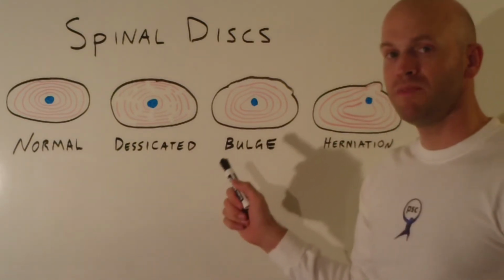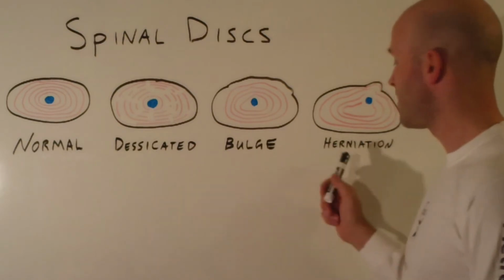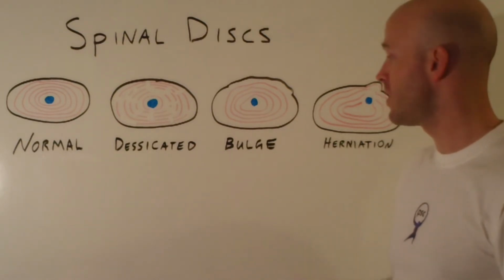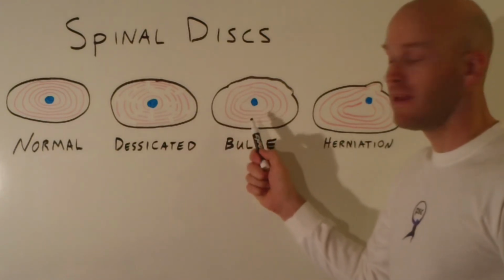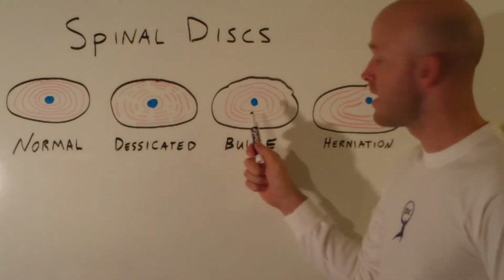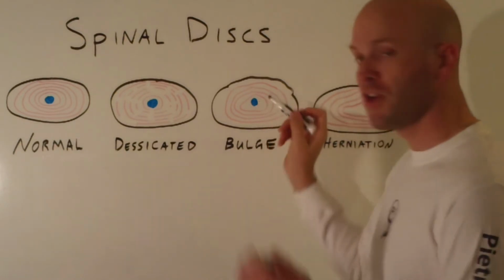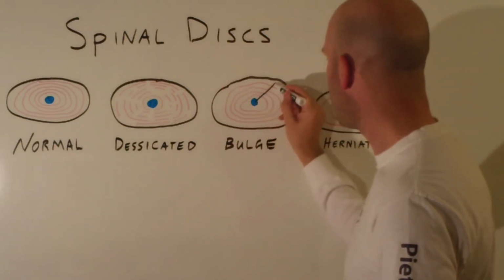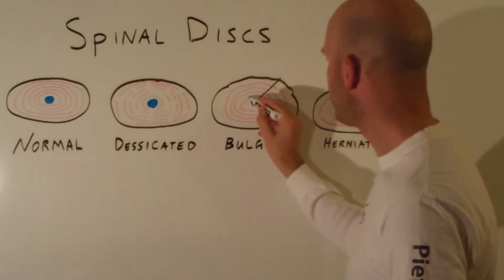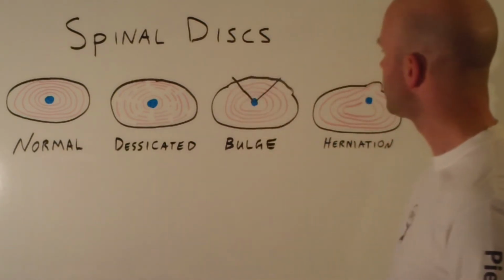The next level is a disc bulge. There's some confusion between what a disc bulge is and what a disc herniation is, so let me explain. Let's assume that the nucleus has stayed in the middle of the disc. We're now going to take a 90-degree, almost like a baseball diamond, and we're going to draw out to the margin of the disc.